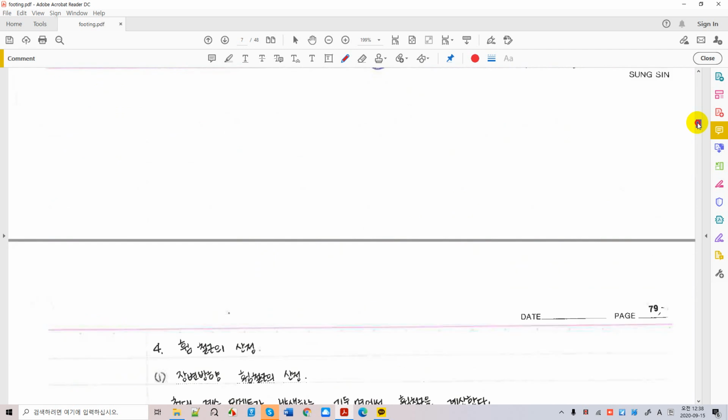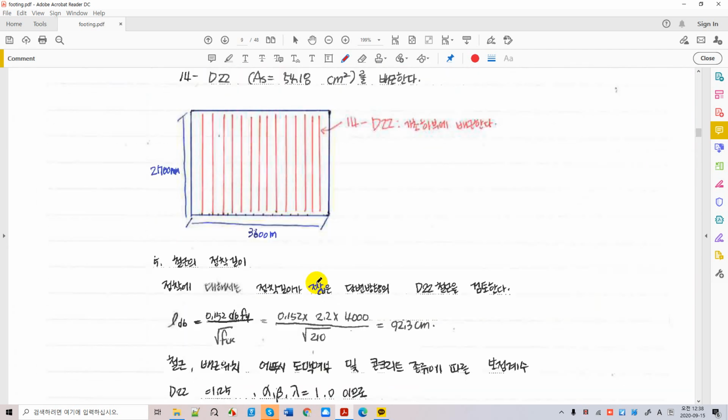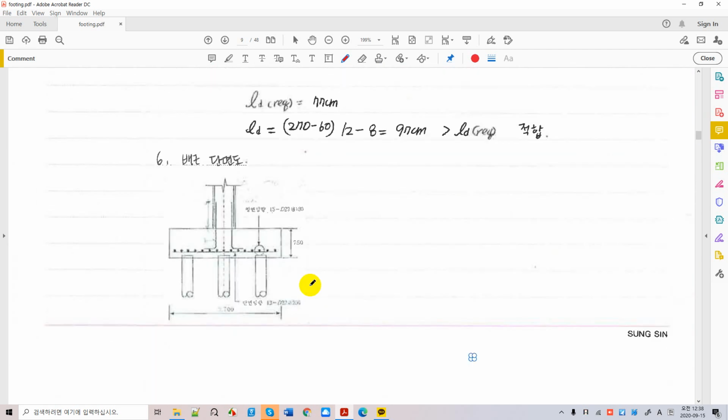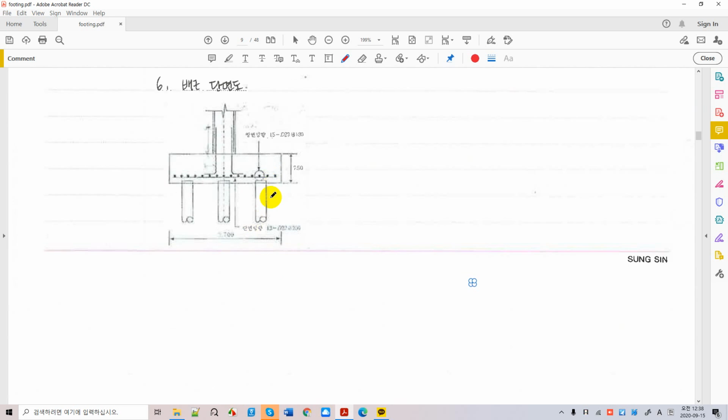So when your soil cannot provide you 25 tons per pile when you drive it, when you construct it, you'll be in big trouble, right? So you have to go deeper and deeper and deeper until you see your pile capacity is realized, right?